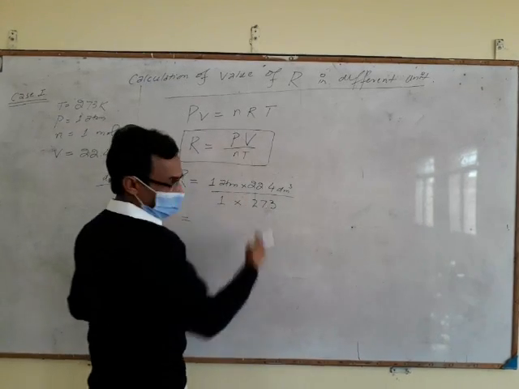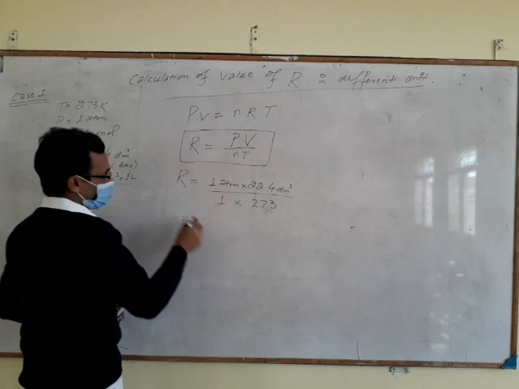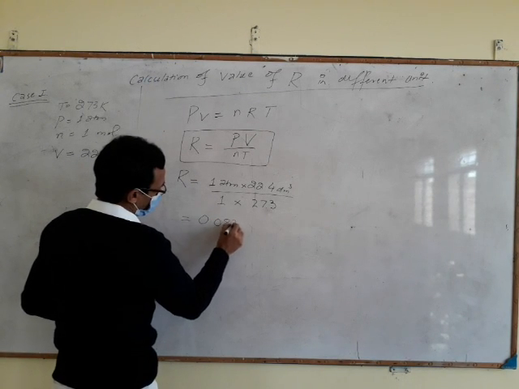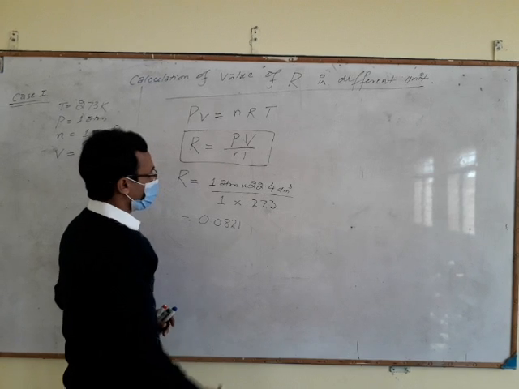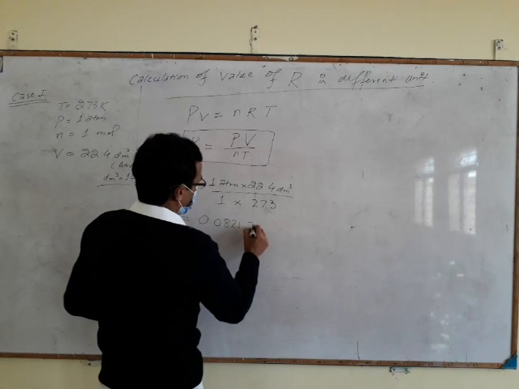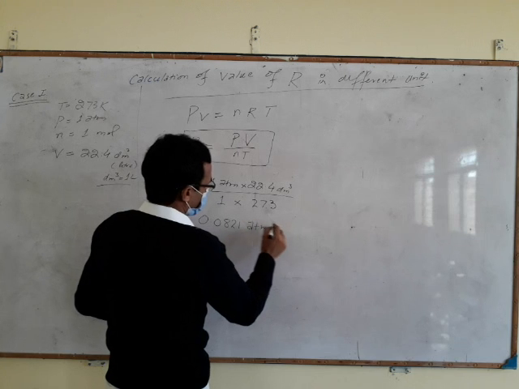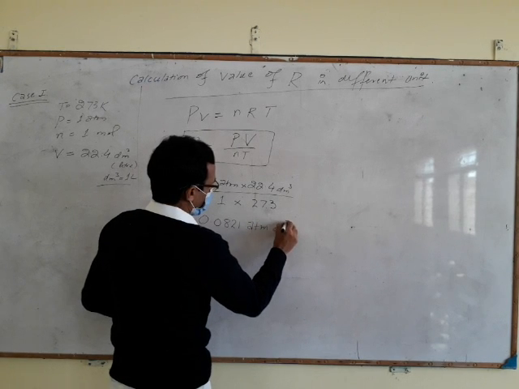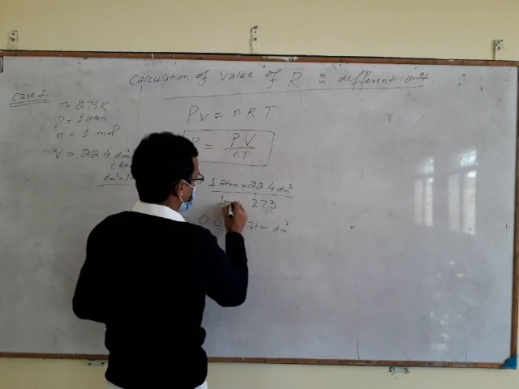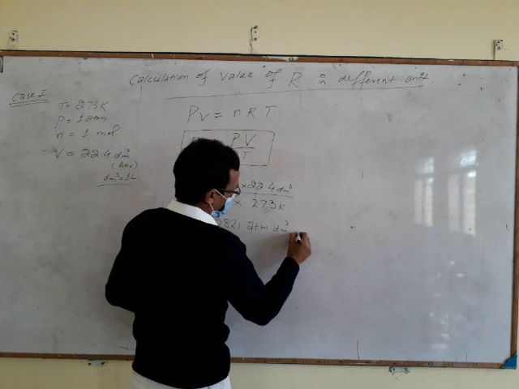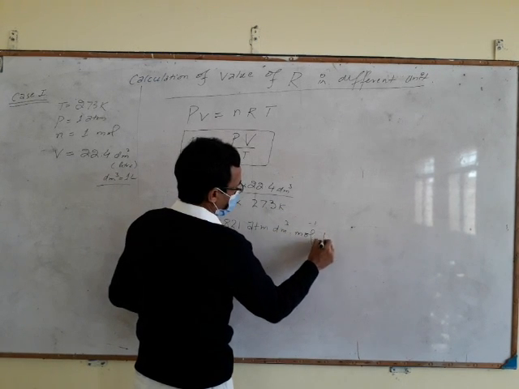From this multiplication and division, we get the value of R as 0.0821 per mole per Kelvin.